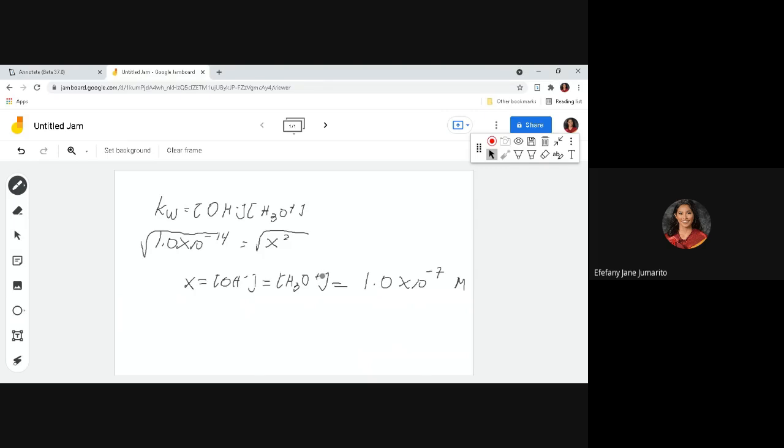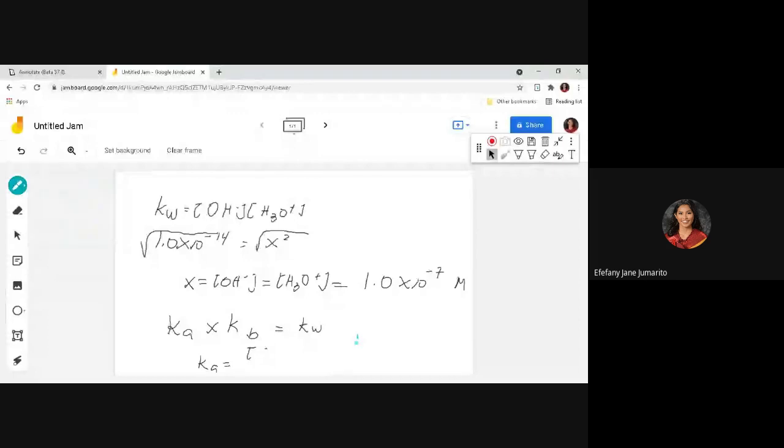Okay, these are the formulas that we need to memorize. We also have this formula: Ka times Kb is equal to Kw. Then for Ka, let's make a reaction here.